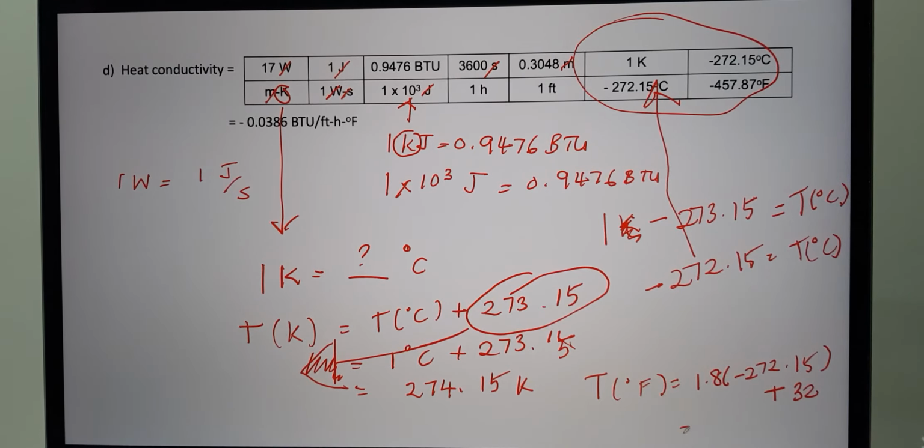So you should be able to get negative 457.87 degrees Fahrenheit. At the end, you should get the value of heat conductivity at negative 0.0386 BTU per foot hour degree Fahrenheit. Alright, so that's for tutorial number 1.